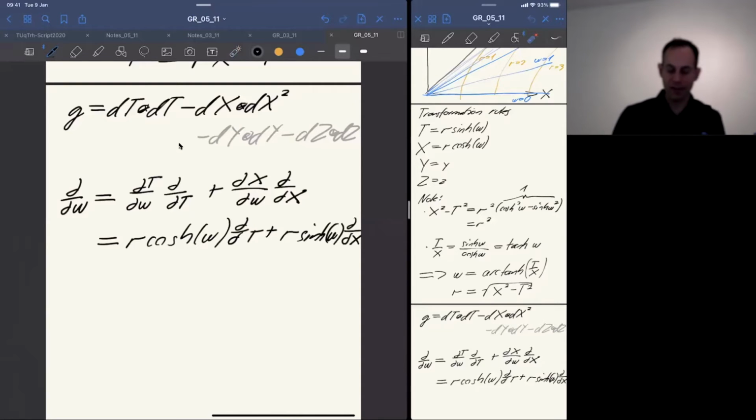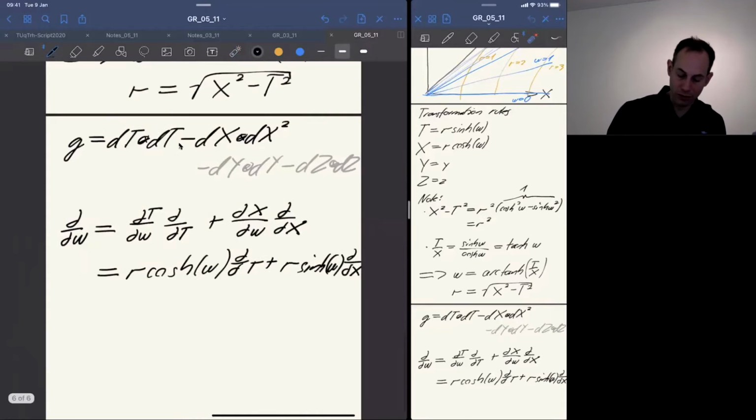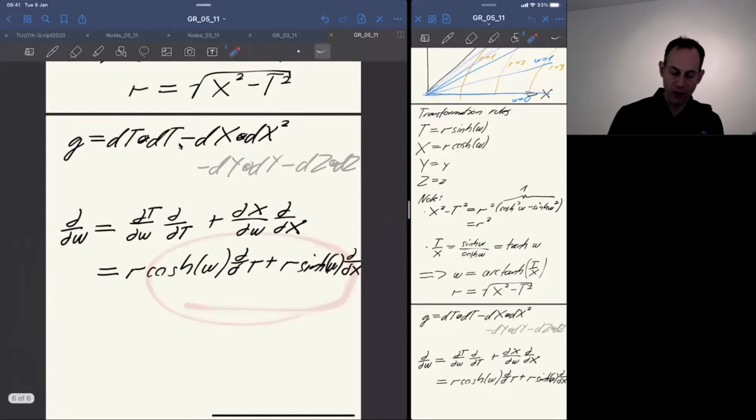That makes sense, because if you look at this vector, what is it? If you just read this line, it's a vector which points by this component, r cosh, into the t direction, the vertical direction, and by r sinh into the horizontal direction.